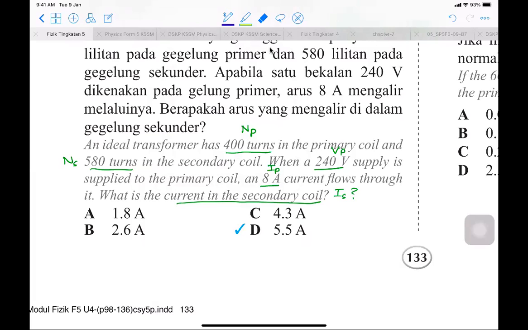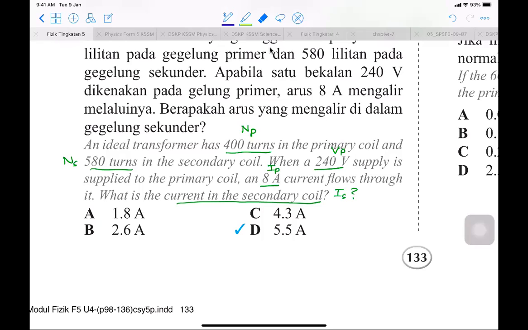Do I need to show the workings? Ya payahlah kan? If you already got the answer. Mau juga show? Show juga, ba.